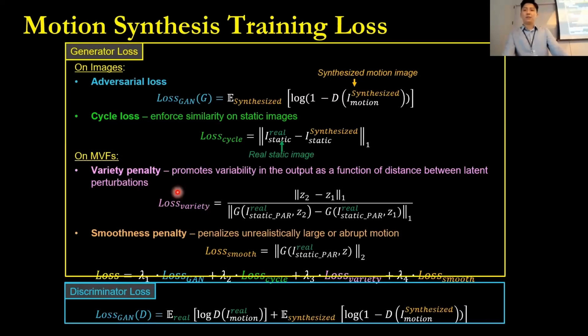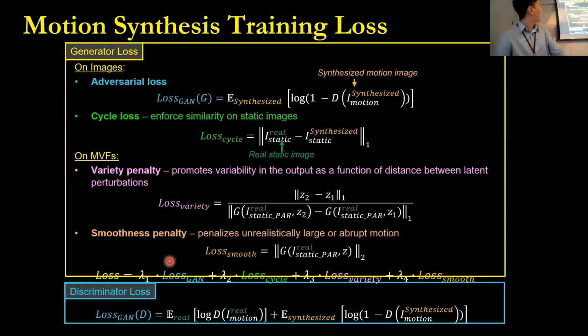On the motion vector fields domain, there's a variety penalty, which promotes variability in the output as a function of the distance between the latent perturbations. In other words, this penalty penalizes our generator when the output motion vector fields are not randomized.